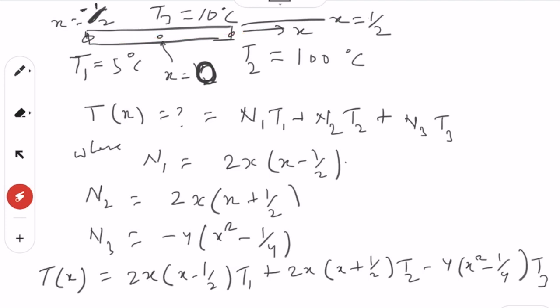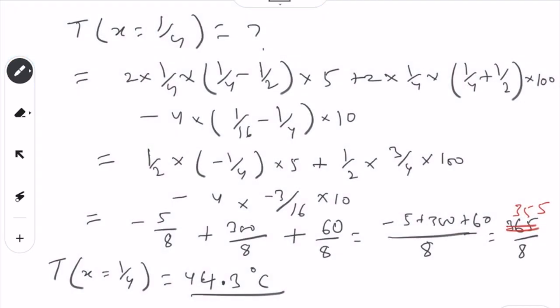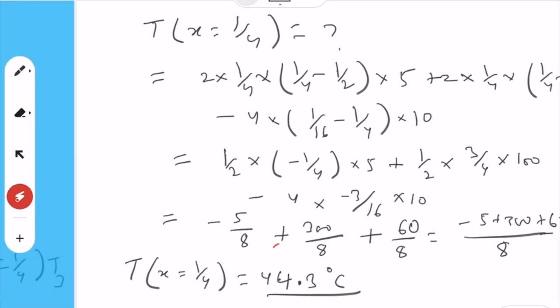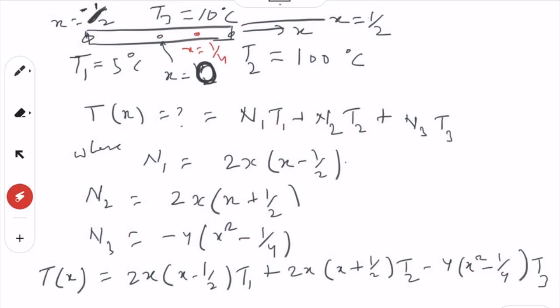So the length is L, x equal to minus half here, x equal to plus half here, x equal to 0 in the middle, and we wanted to know the temperature at x equal to 1/4. We put those values and found the value to be around 44.3, which makes sense because at x equal to minus half you have 5 degrees, at x equal to 0 you have 10 degrees, and at x equal to half you have 100 degrees.